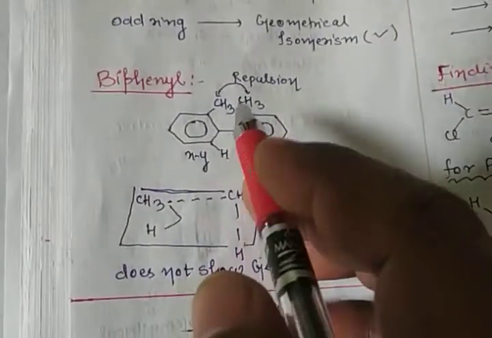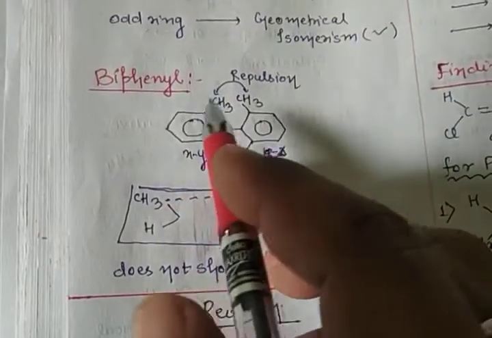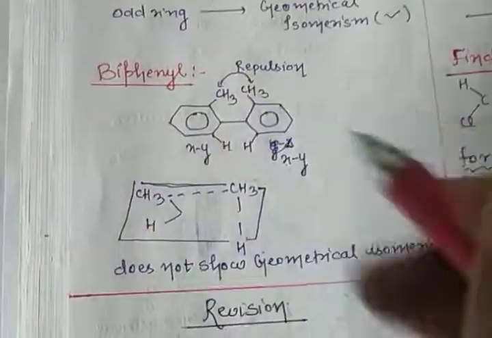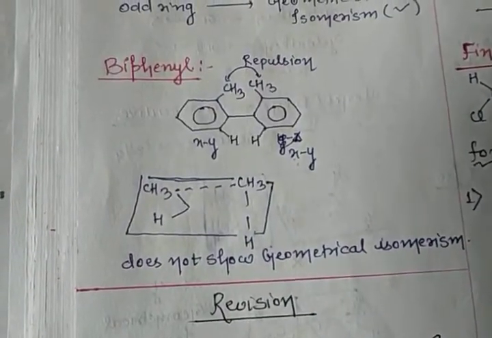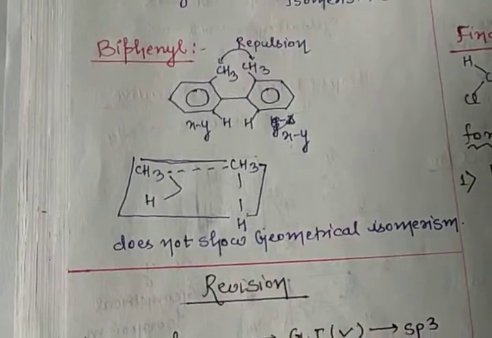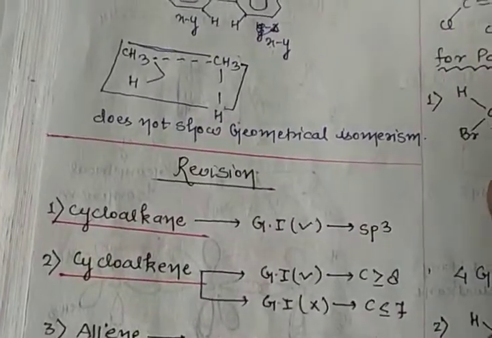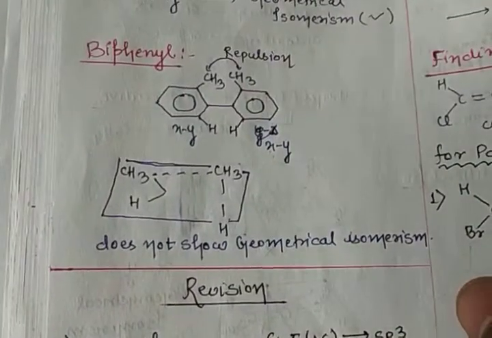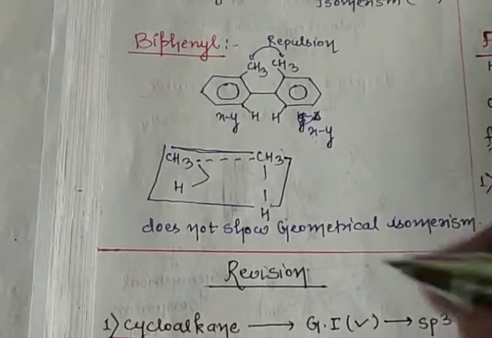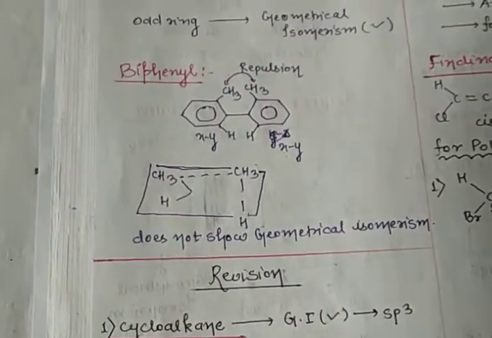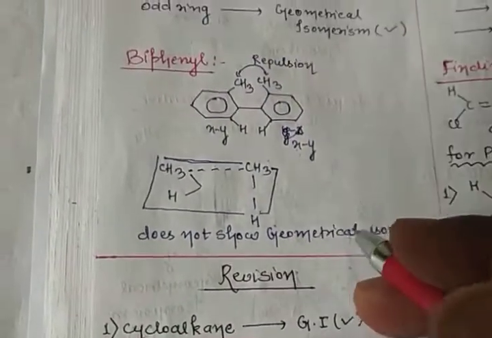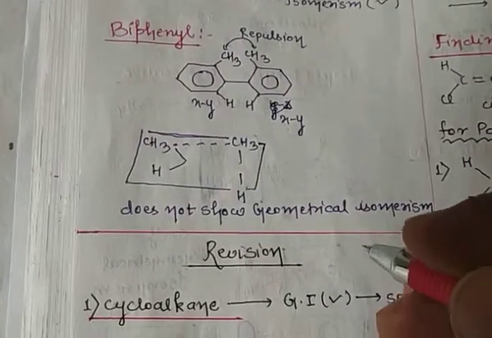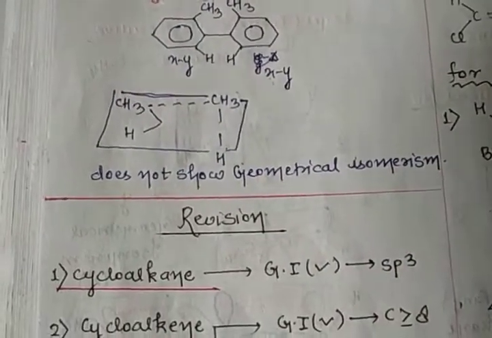It means, you know very well, there is maximum repulsion, a bulkier group is there. So biphenyl compounds and allenes do not show geometrical isomerism. Clear? 100%? Clear? So just learn that biphenyl and allenes do not show geometrical isomerism.